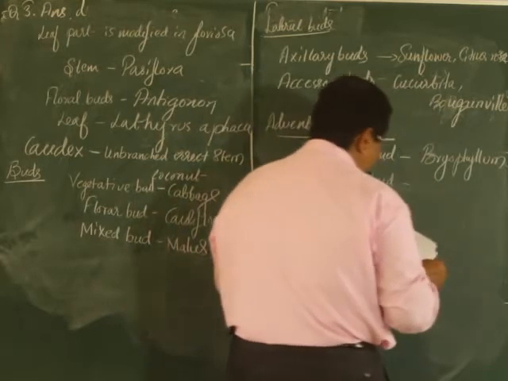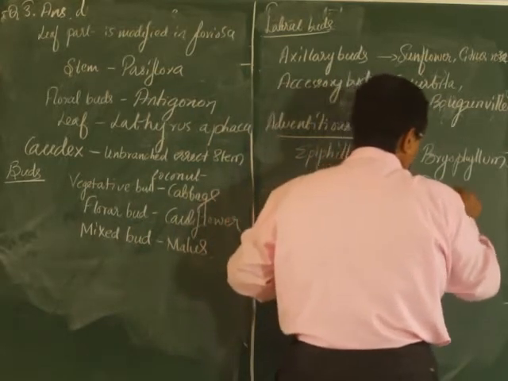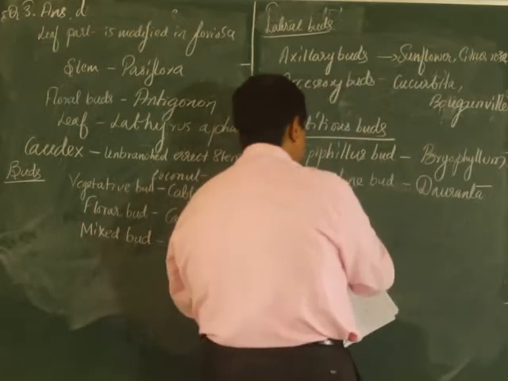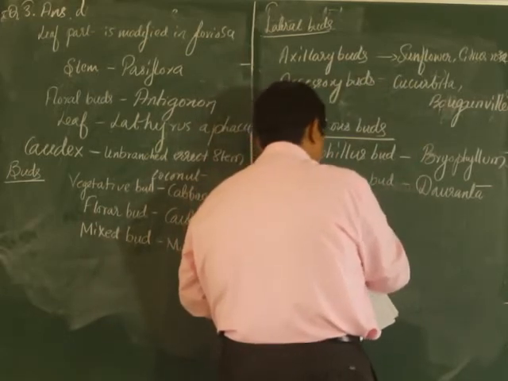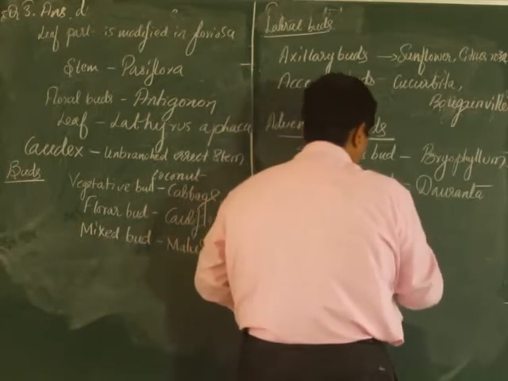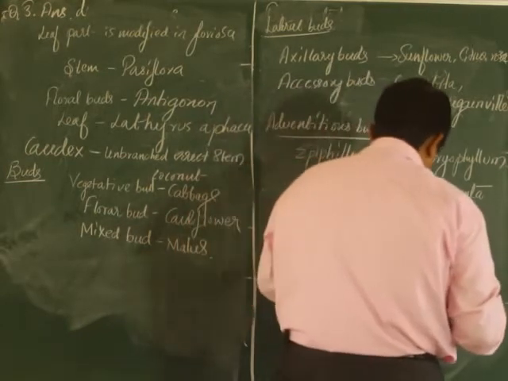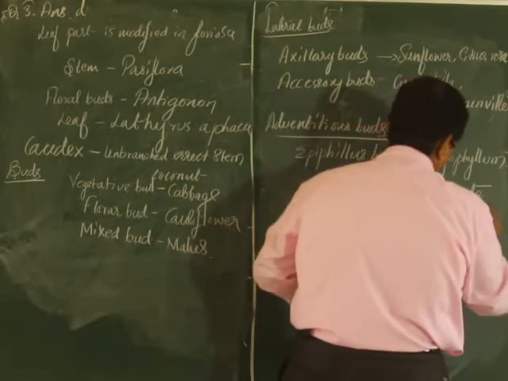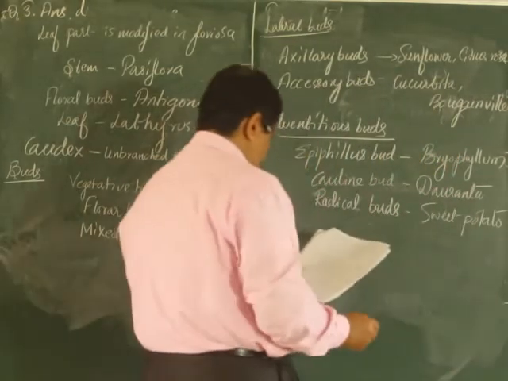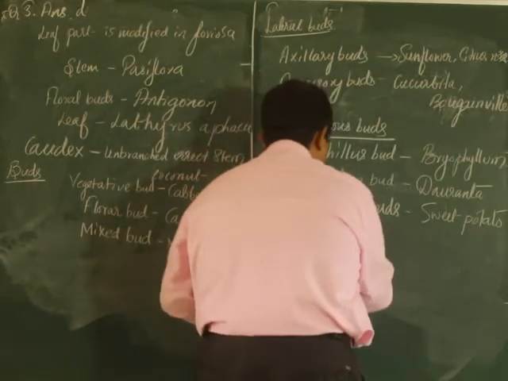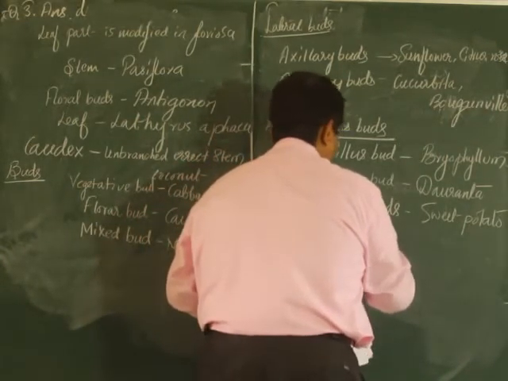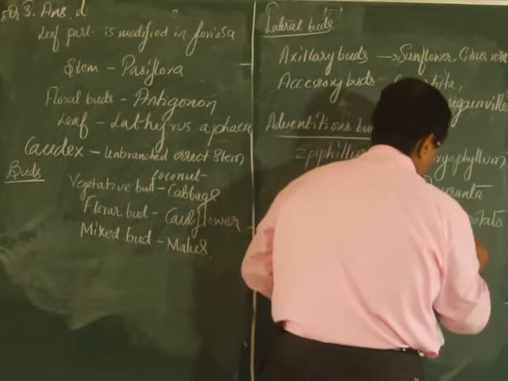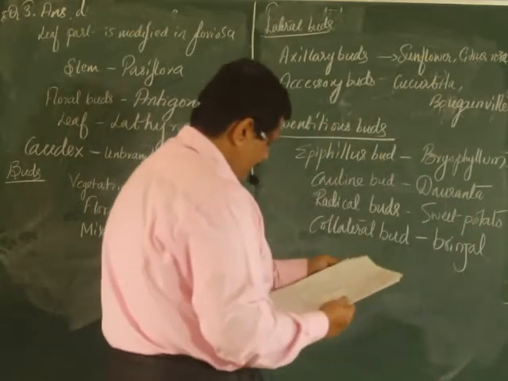It is in Duranta. Radical buds. It is seen in sweet potato. Collateral bud. It is seen in brinjal.